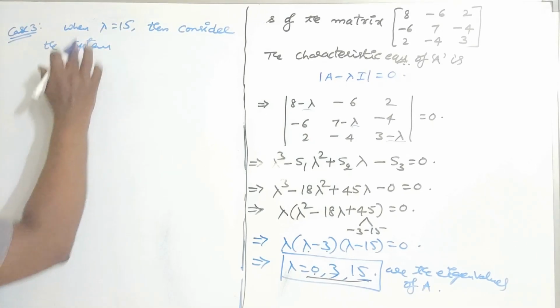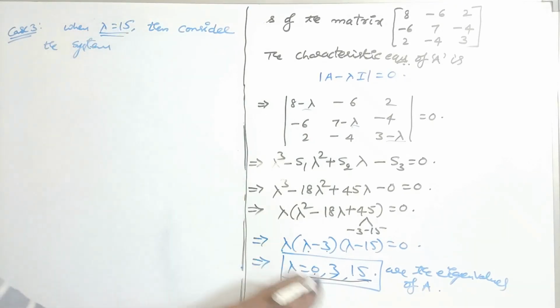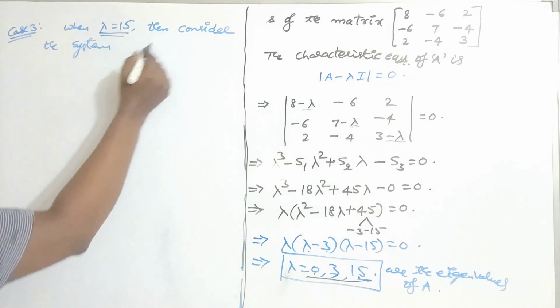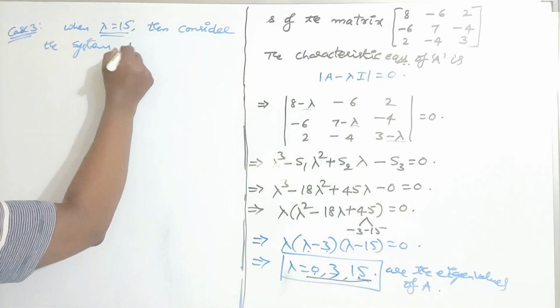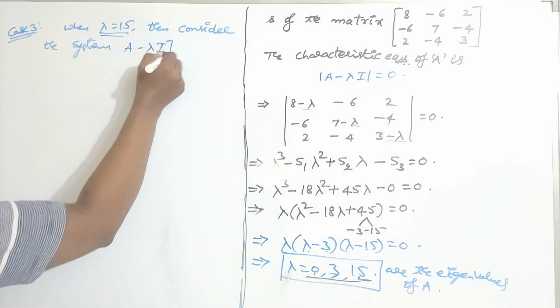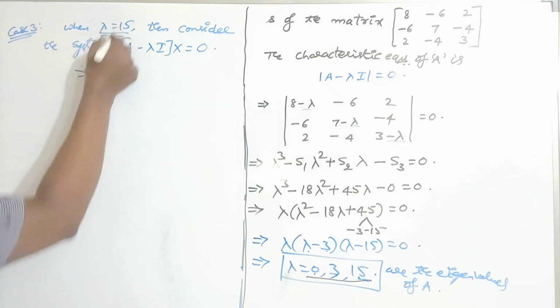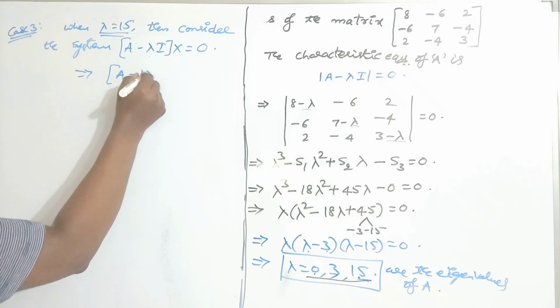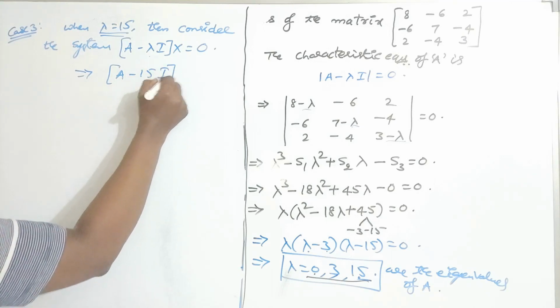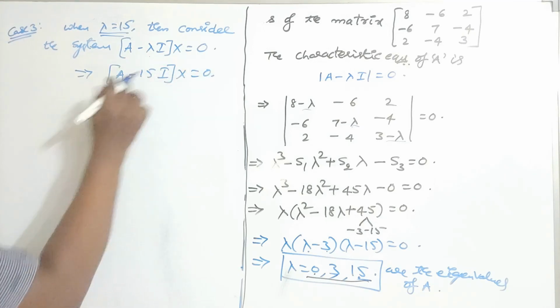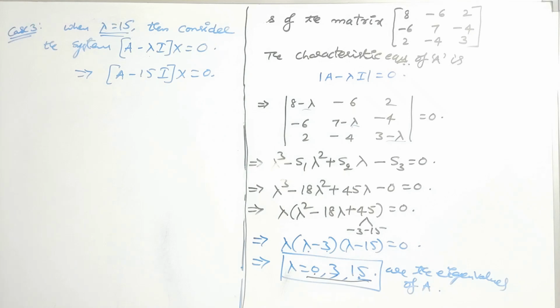See case 3. When lambda is equal to 15, the third eigenvalue is 15. Then consider the homogeneous system A minus lambda I of x is equal to O. Replace lambda with 15. So what is A minus 15I? Just subtract 15 from the diagonal elements.